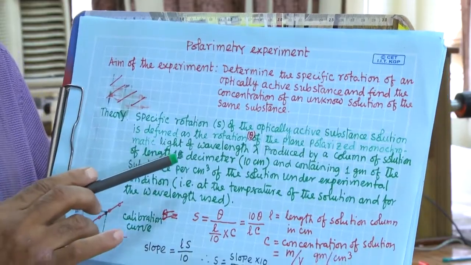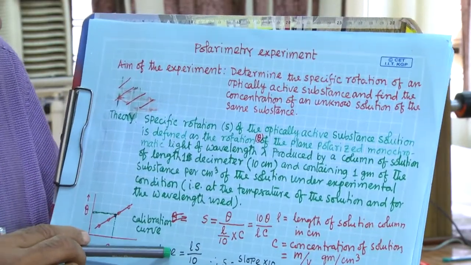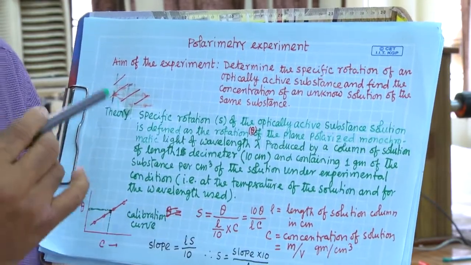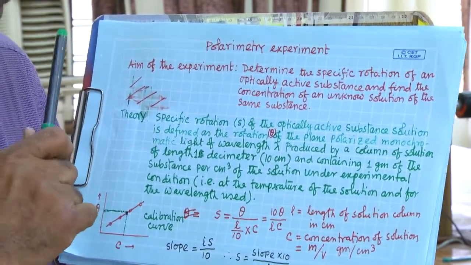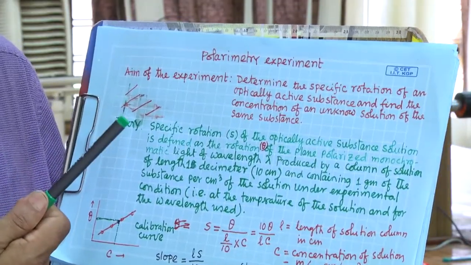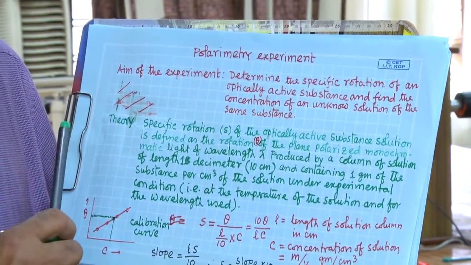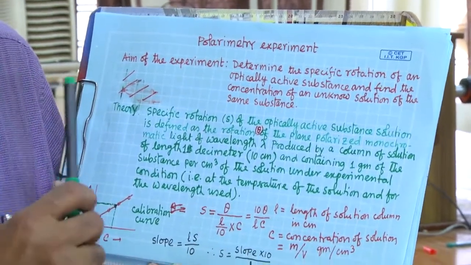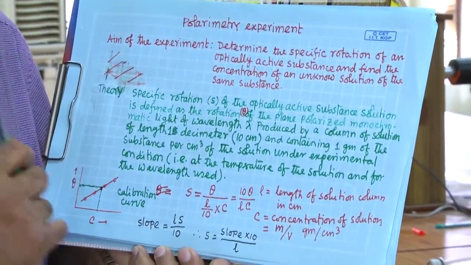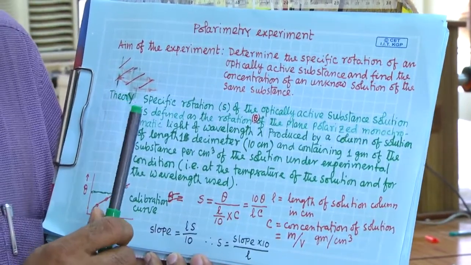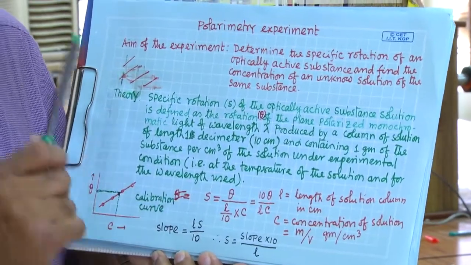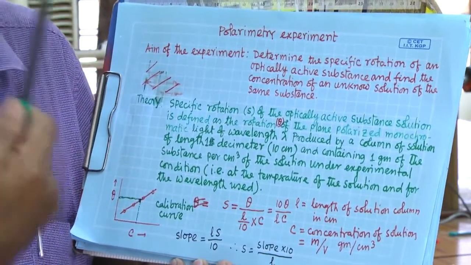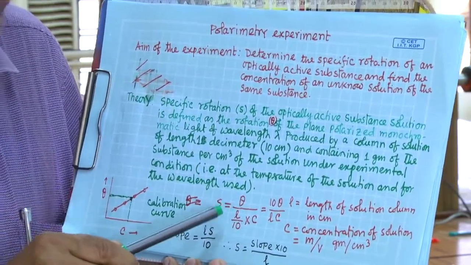Okay. So, if this is the definition, then S equal to, basically the angle of rotation of the plane polarized light when it is passing through the length of the solution column, if that is L centimeter, so per decimeter means L divided by 10.